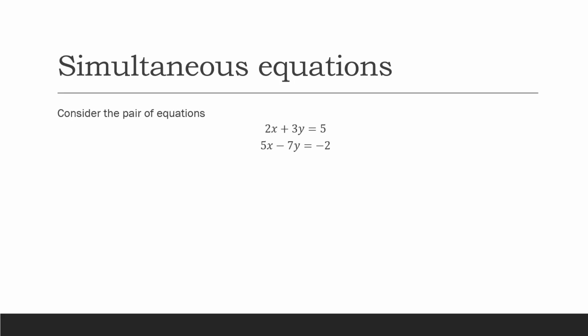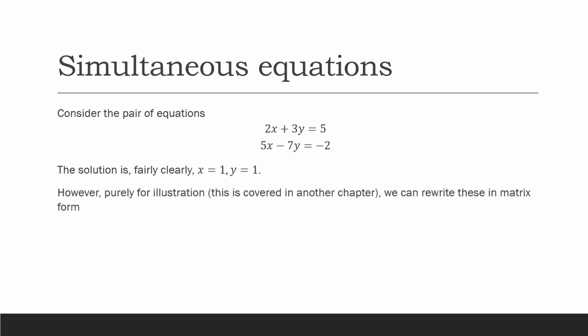So if we look at this pair of equations, I hope it's relatively clear that the solution to this is when x is 1 and y is 1. But this is just meant to be an illustration of how this works. What I'm going to do is rewrite this in matrix form. Matrix form looks like that.